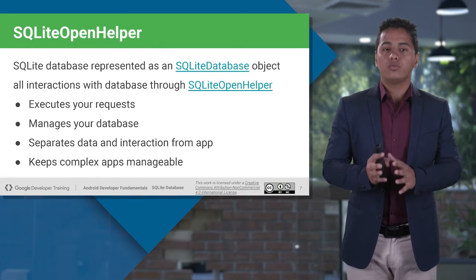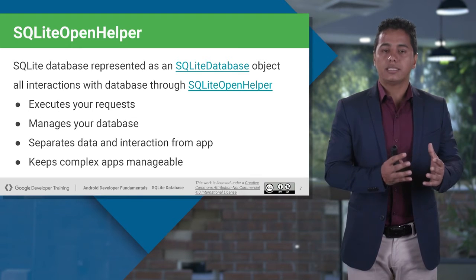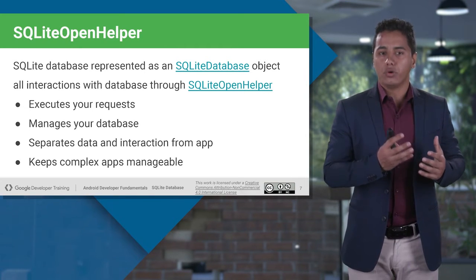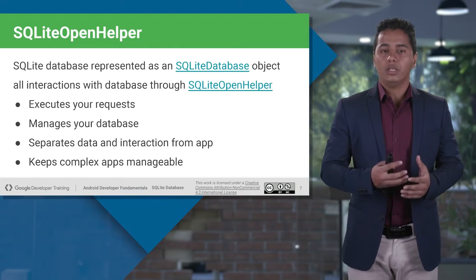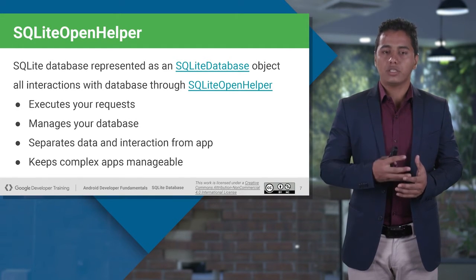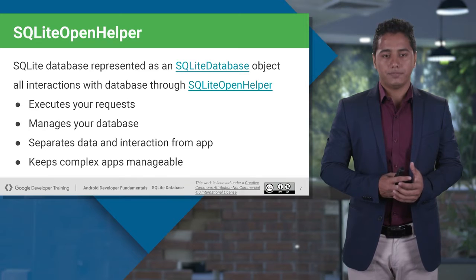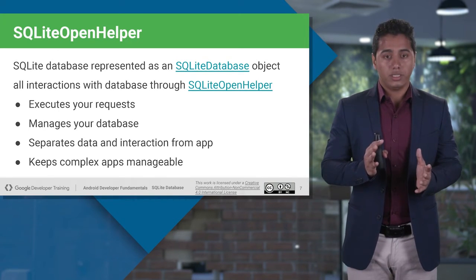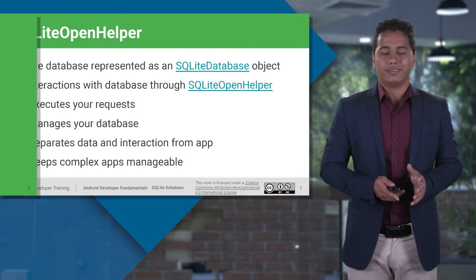This is the class which you need to extend inside your own class to make a database for your application. Under the hood, under this class only, you will be creating your own database classes. This is the class which will be used to execute all your requests and manage your database.